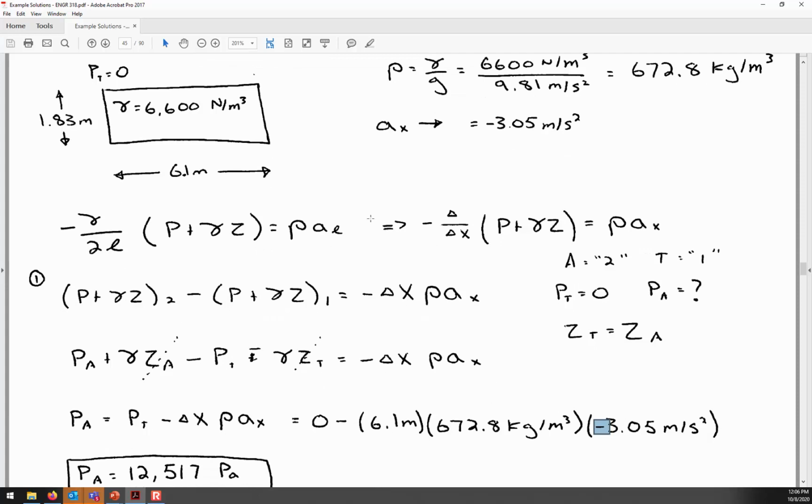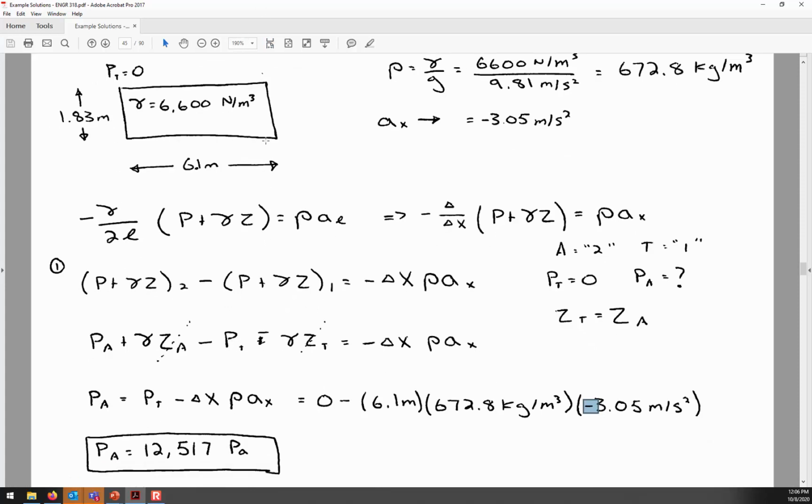And that's why the pressure at location A is actually positive. It's because it starts at 0 and the pressure is increasing in the opposite direction as the acceleration. So the acceleration is to the left, the pressure is increasing to the right. So 12.5 kilopascals is the pressure at location A.